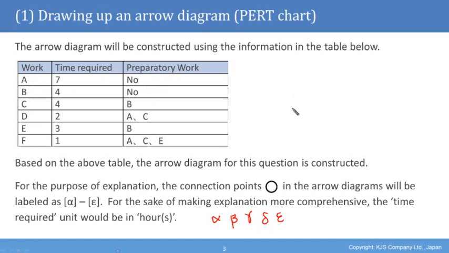So if we say that the first point that we have is the first circle, then we can have one process which will be the work A, and another process which will be the work B. And it will carry on like this, and you'll have some more points along this table. And you can see that C depends on B, so you may have a C stemming from another point here, and D depending on A and C, so we can carry on like this. But we can see that A and B would be a good place to start because they have no preparations required.